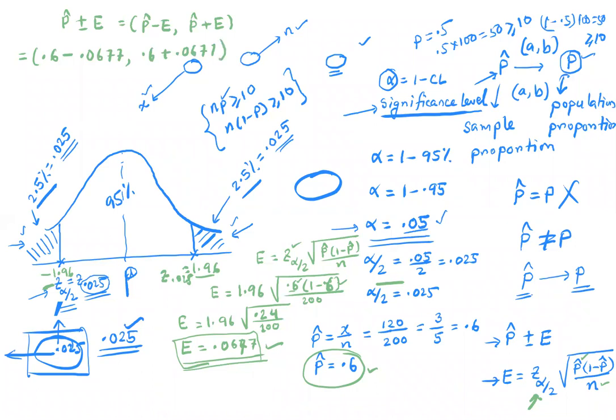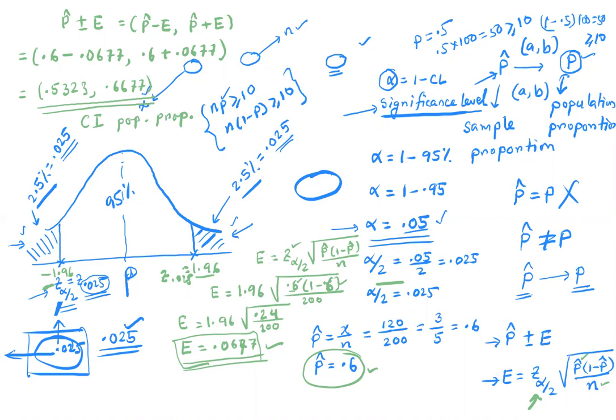If you do the math, 0.6 minus 0.0677 is 0.5323, comma, 0.6677. And that, guys, is your confidence interval for the population proportion.